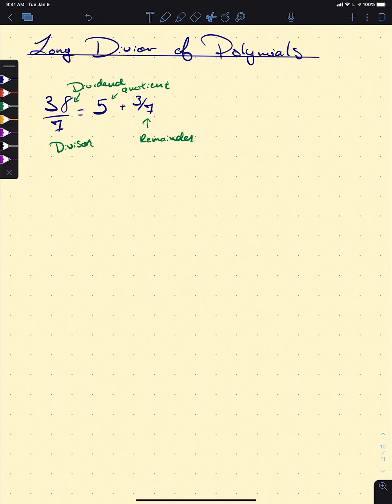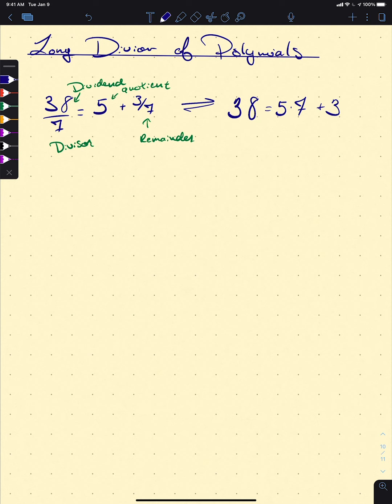So this is the normal way that things are written out. Another way that you'll see, not particularly often with numbers but a lot with our polynomials, is this form right here, where this basically tells us that we can go both directions. One implies the other: 38 is equal to 5 times 7 plus 3.